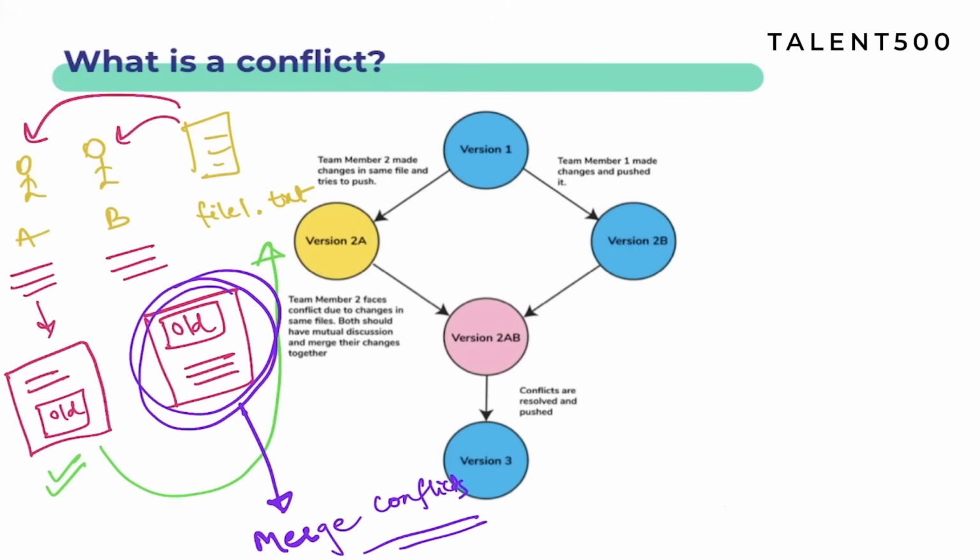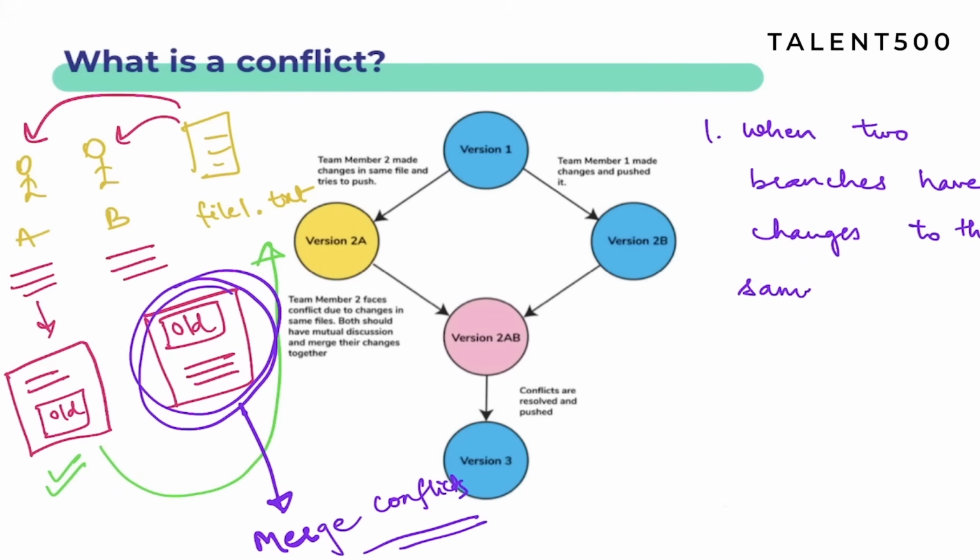The first conflict is when, let us say, you have two branches and they are making changes to the same line in a file.